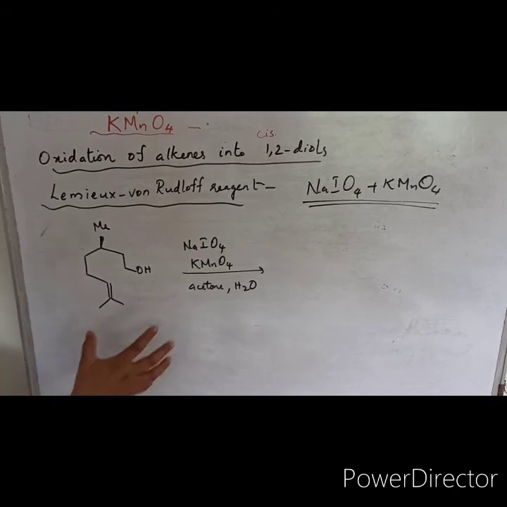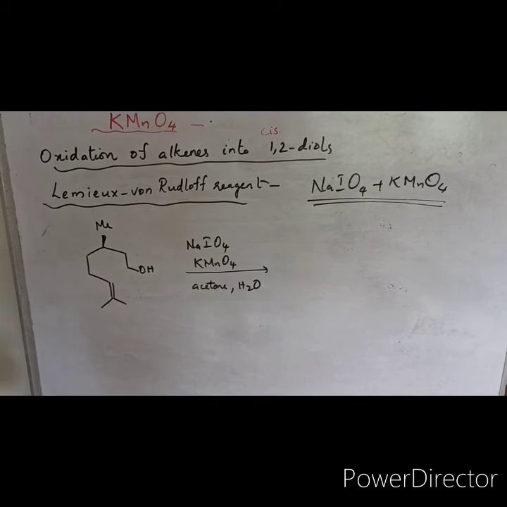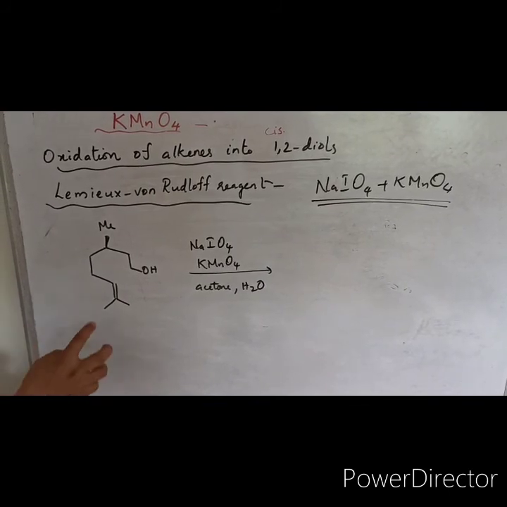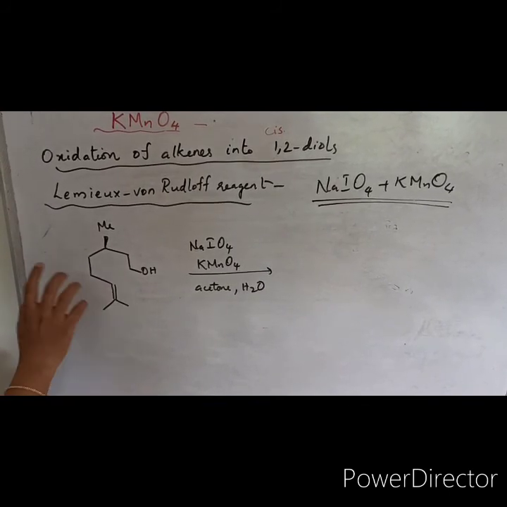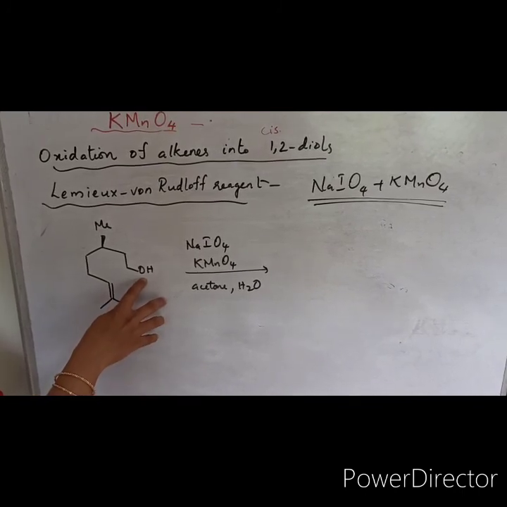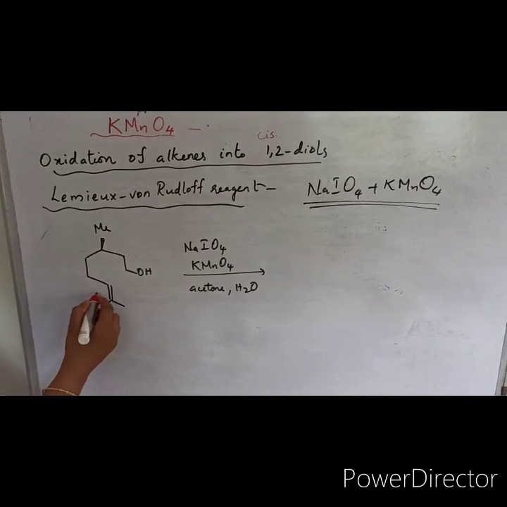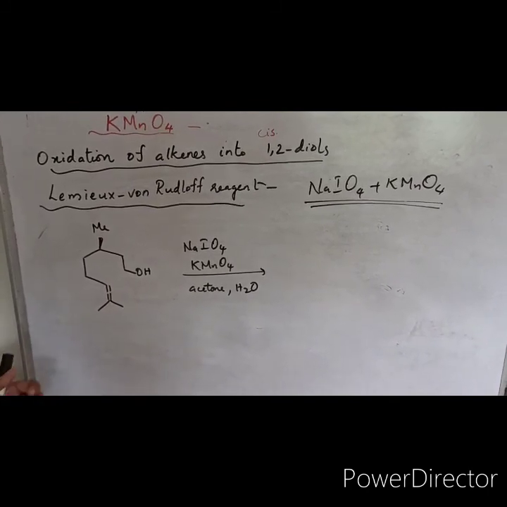But if you are using the Lemieux reagent, what will happen? This will be doing oxidative cleavage of the double bond, neither hydroxylation nor conversion to carbonyl compounds. This will be cleaving this pi bond, and you will be getting the product.